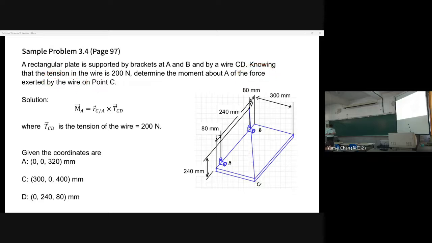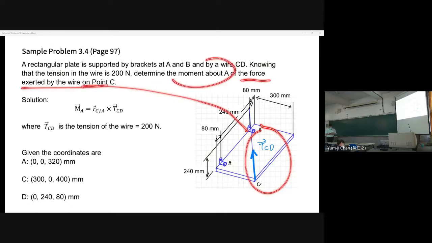So TCD is the force we are talking about. And we have moment about A. So where is the moment arm?